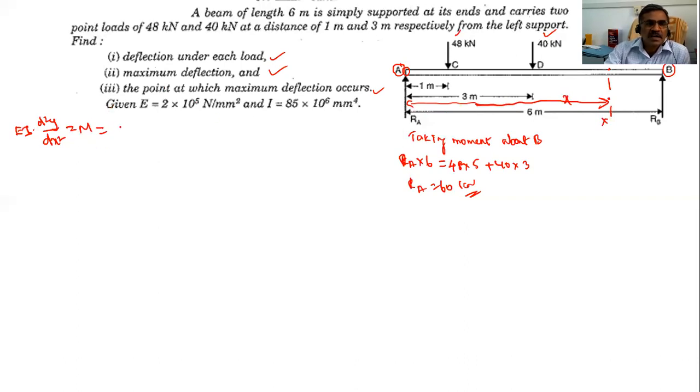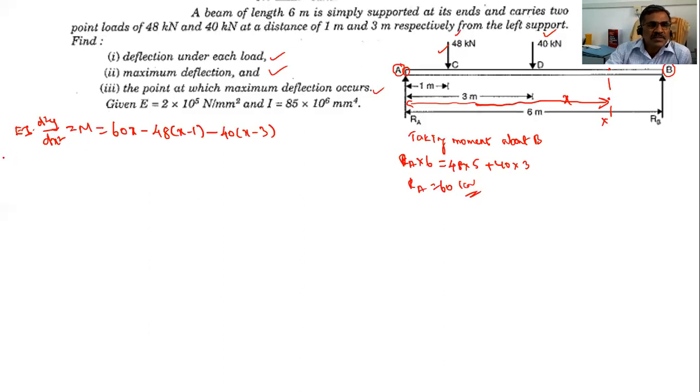This is a clockwise moment, so positive 60 into x, minus this load 48 with distance x minus 1, since this is 1 meter, then minus this 40 with distance x minus 3, 40 into x minus 3. So this is the equation.